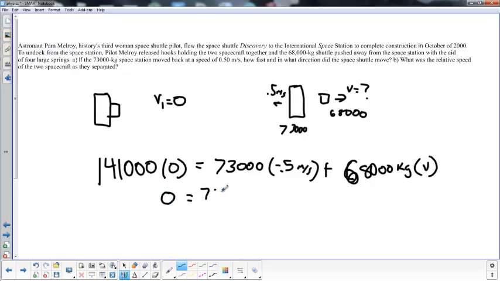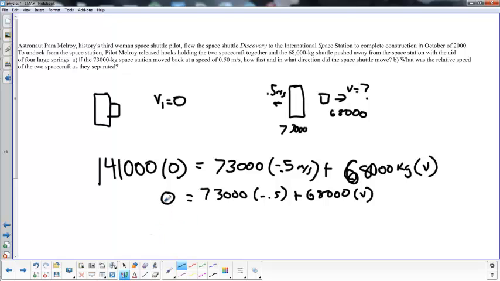0 equals 73,000 times negative 0.5 plus 68,000 times v. And now we're going to take this 73,000 times negative a half, and we can actually bring that over to the other side. And I can do that on the calculator pretty quickly. 73,000 times 0.5.